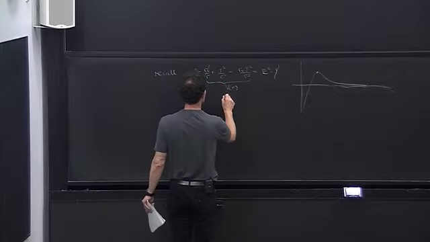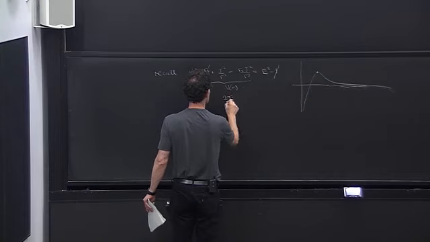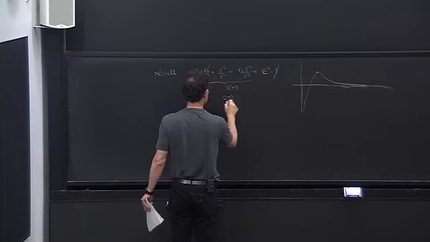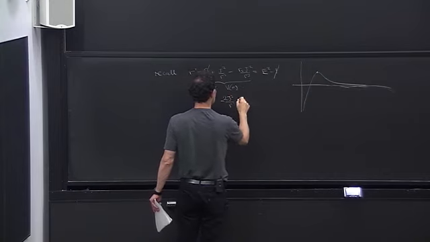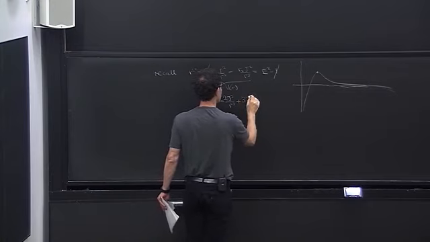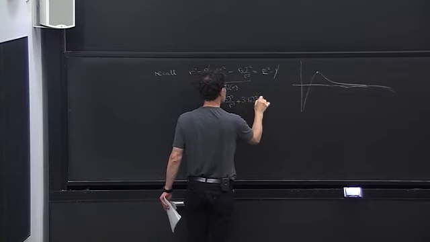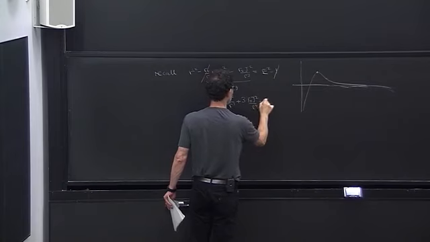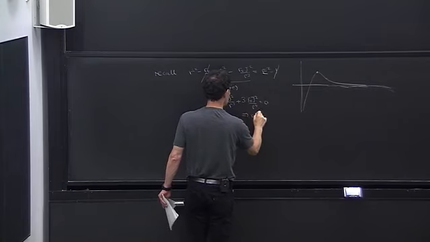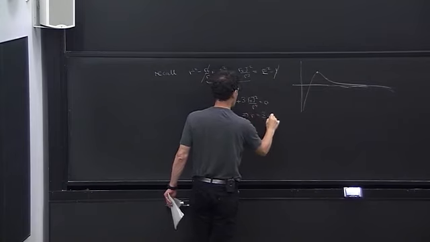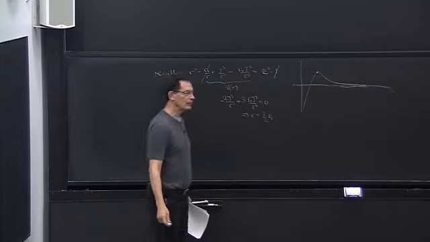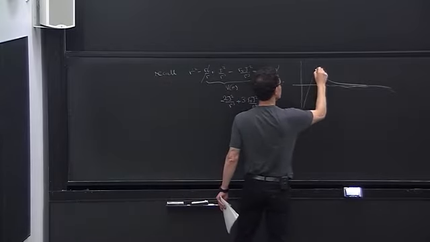Differentiating this, I get 2j² over r³ plus 3 r_s j² over r⁴ equals 0. So r is 3/2 r_s. Okay, that's this point where dV/dr is 0.